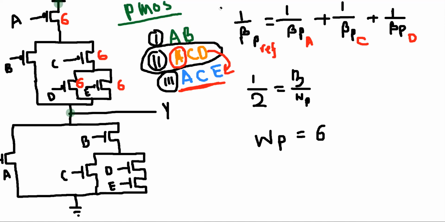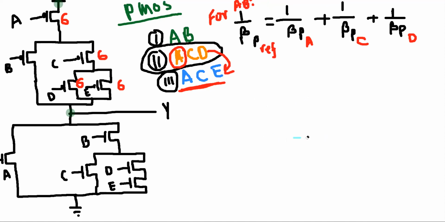Write like this for AB. Understood? A and B are needed, right?